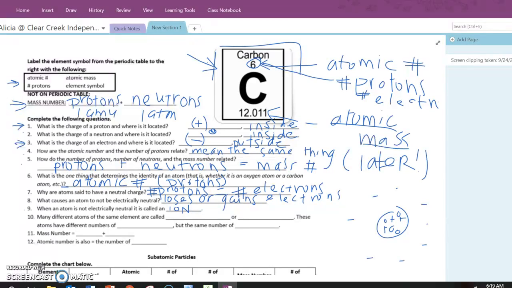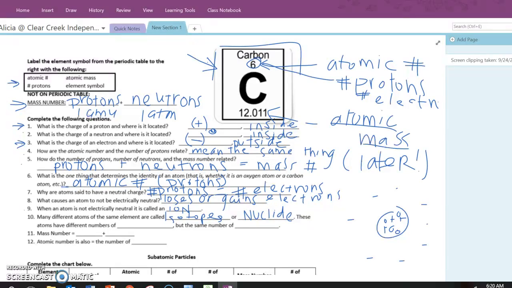Number 10, many different atoms of the same element are called isotopes. And sometimes you might see the word nuclide used. Isotopes, if you can't read that, it says I-S-O-T-O-P-E-S.